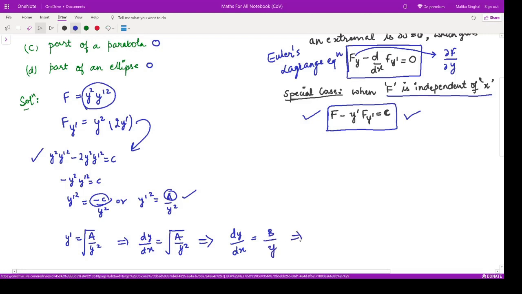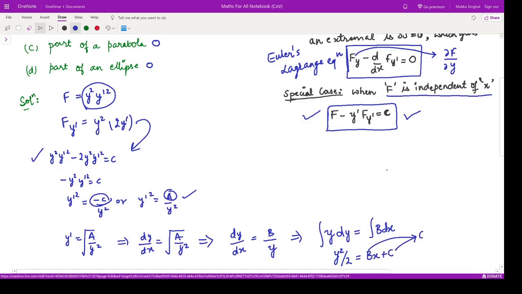So further simplifying and solving, we have integration of y dy is equal to integration of b dx, right? So we have y square by 2 is equal to bx plus c, where these b and c are constants.